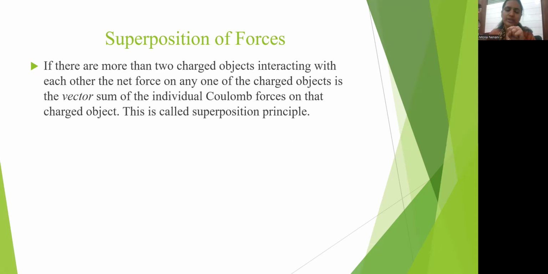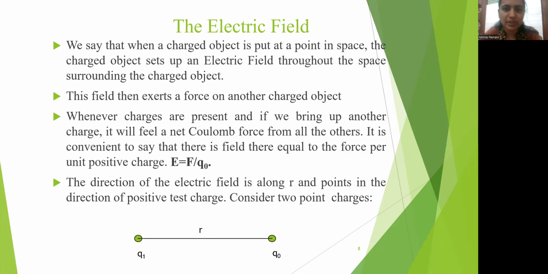So the total force acting on Q1 will be, just add both of them. It will be K Q1 Q2 upon r2 square plus K Q1 Q3 upon r3 square. So you just have to add them, and that is the superposition principle. For a system of charges, we always apply the superposition principle.